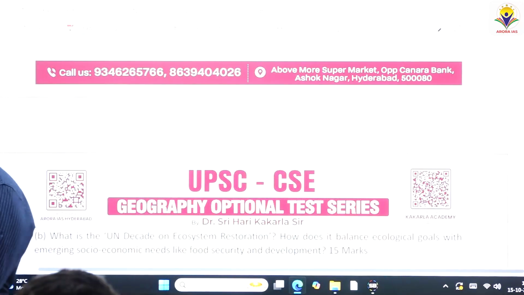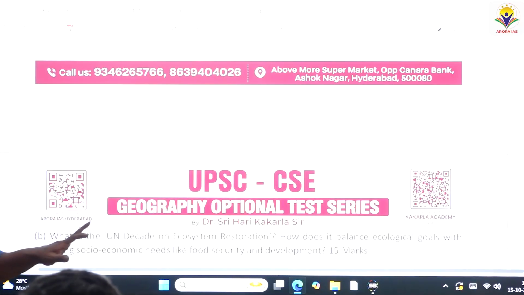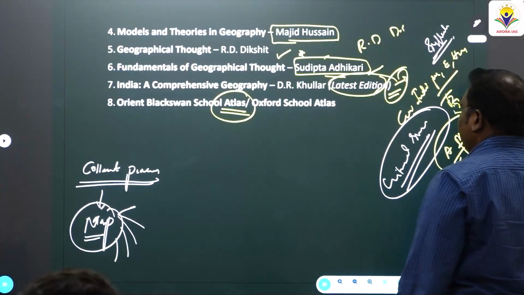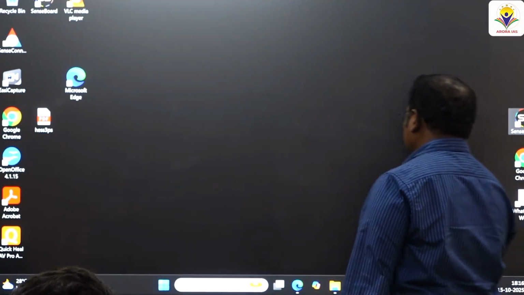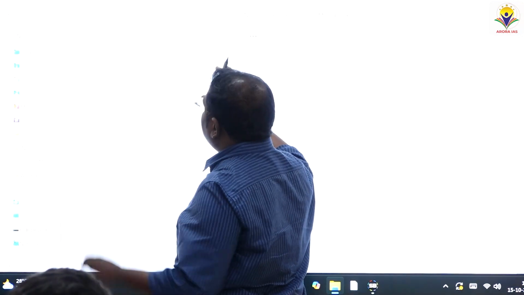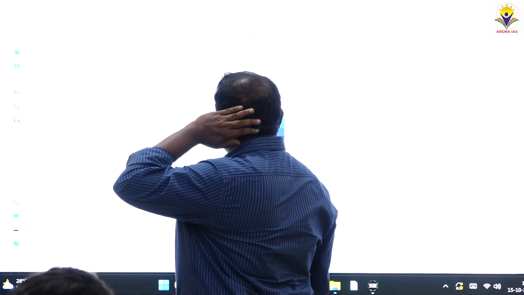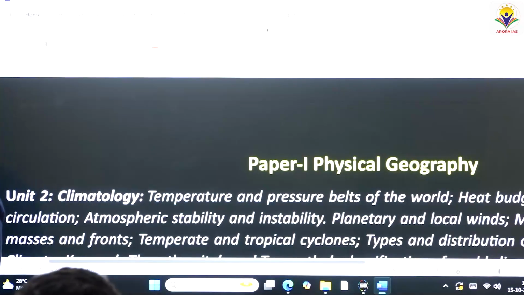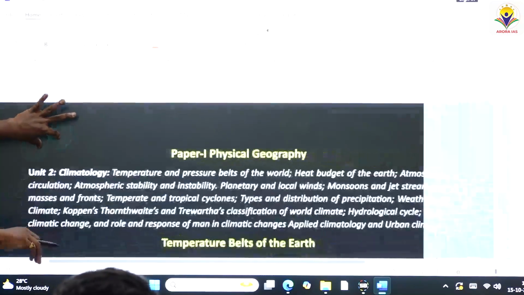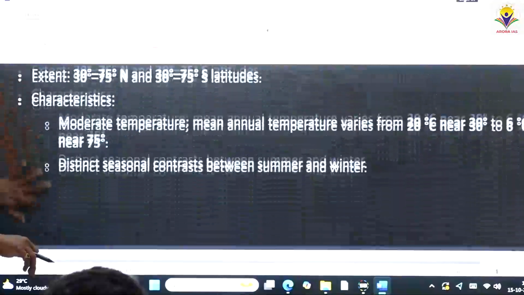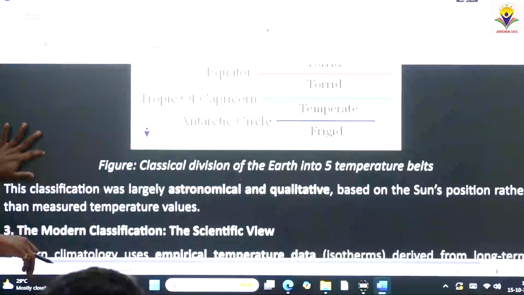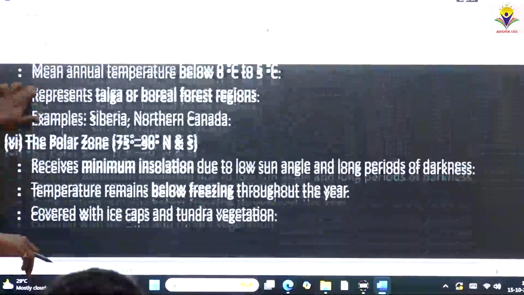I will also discuss this 2025 UPSC question paper more elaborately, with the model answer. And the next thing: once we discuss a particular topic, for example the temperature belts of the world, which is the first topic of climatology, as soon as we complete this topic, we will try to write a question.